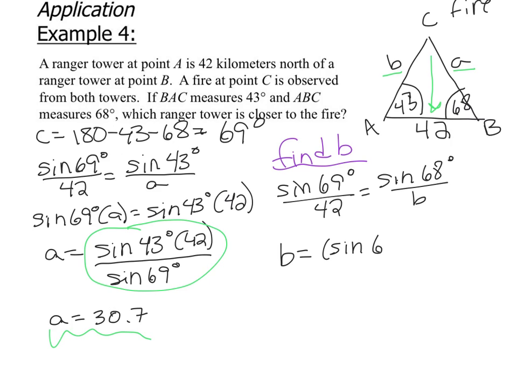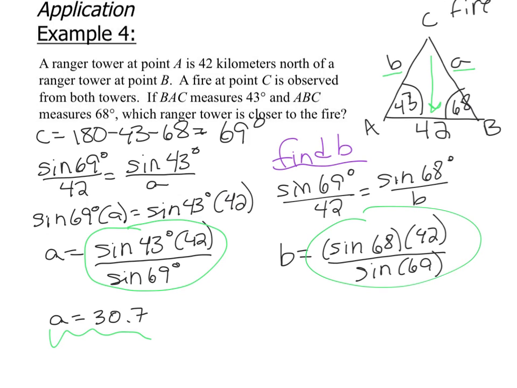I end up with the sine of 68 times 42, all of that divided by the sine of 69. That's what B is going to be equal to. All of this in my calculator, and what I found was that B was equal to 41.7.